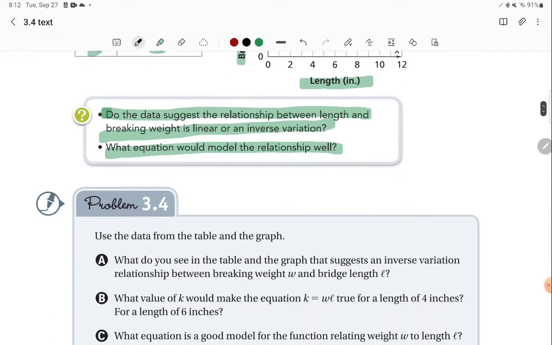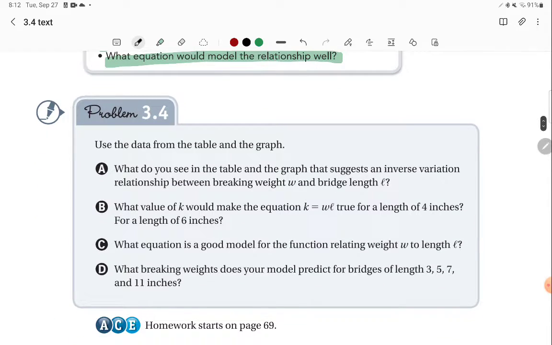So to answer B, we are saying that this is an inverse relationship. Think back to what that equation was and how we found our variable K, and then answer that question. Pause the video, try this on your own, and see how you did.